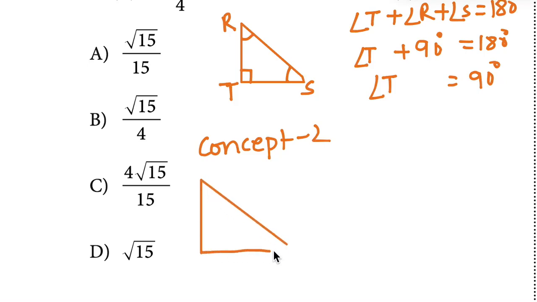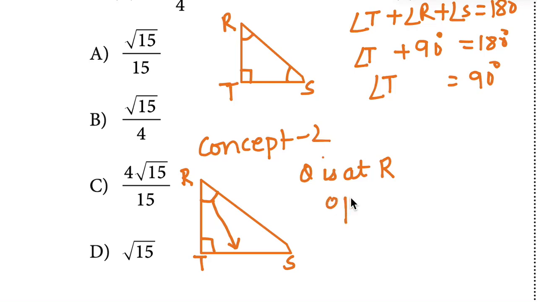Now, when we talk about trigonometric ratios, theta is never at the right angle. It is at one of the acute angles, right? So suppose theta is at R. Then the side opposite to it is TS, and adjacent is RT.